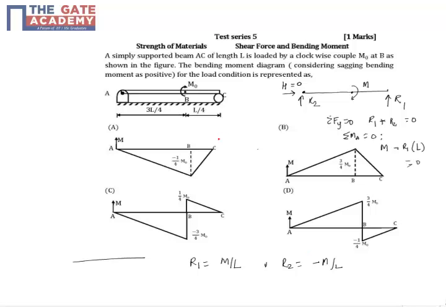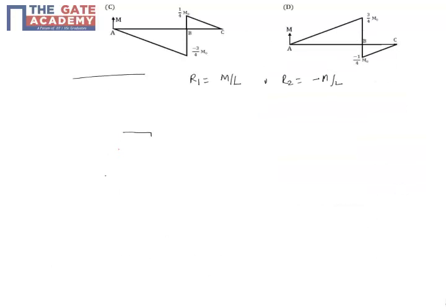Now let's draw the bending moment starting from the right. Let's take a section here between B and C, at a distance X. So the bending moment at this point will be R by L into X. And what is R?